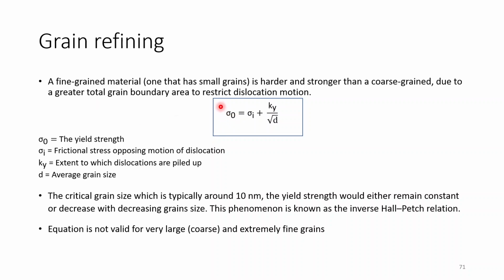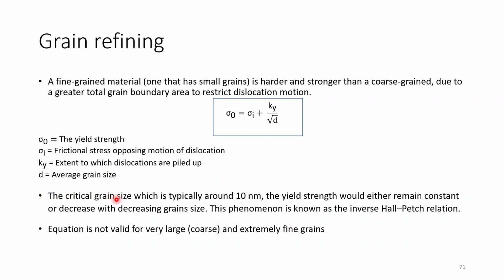This is the Hall-Petch equation: sigma naught equals sigma i plus ky upon root d. Sigma naught is the yield strength of the material. Sigma i is the frictional stress which opposes the motion of dislocations. Ky is the extent to which dislocations are piled up. d is the average grain size.